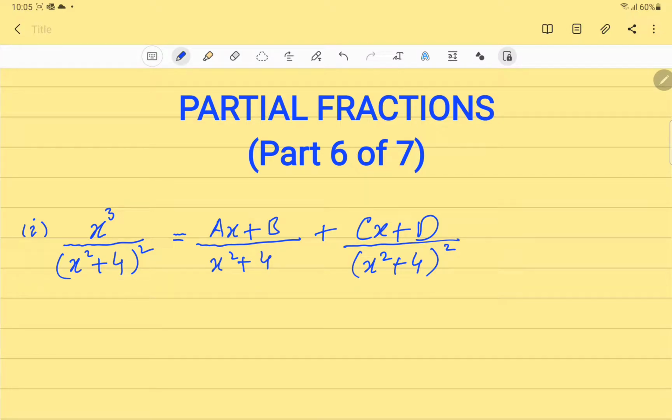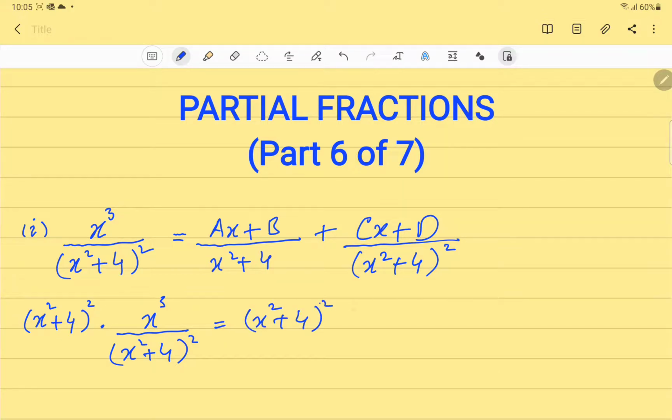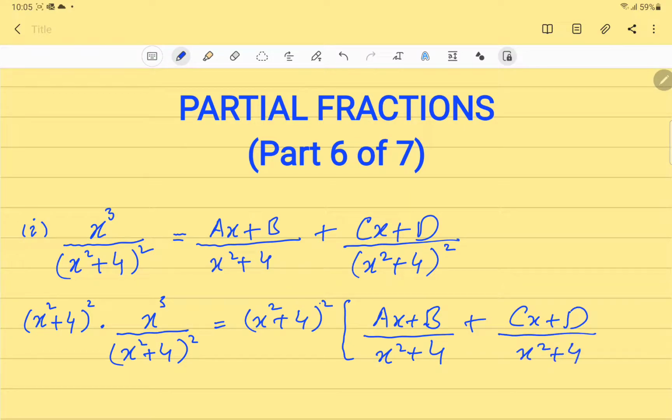And now we will multiply both sides by x squared plus 4 whole squared. That's it.